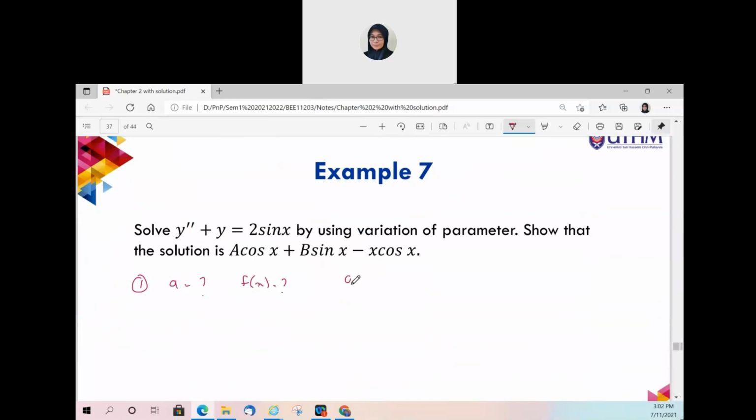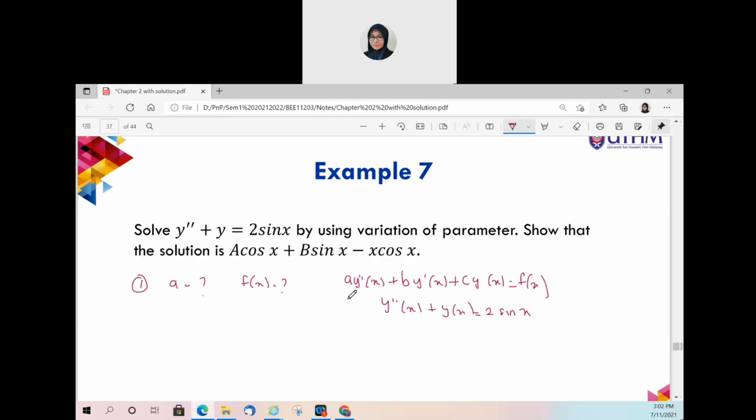Okay, you have a y double prime x plus b y prime x plus c y x equals to fx. You compare with this one. So here you have y double prime x plus y x equals to 2 sin x.